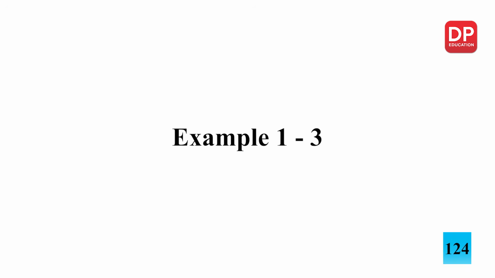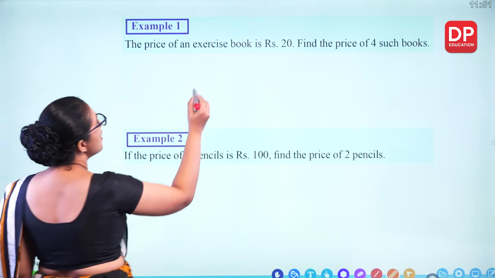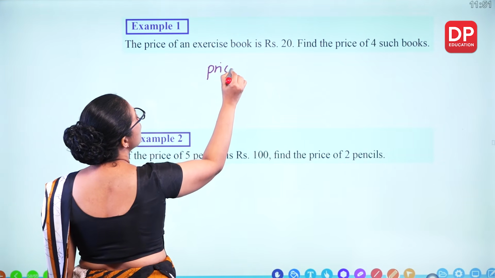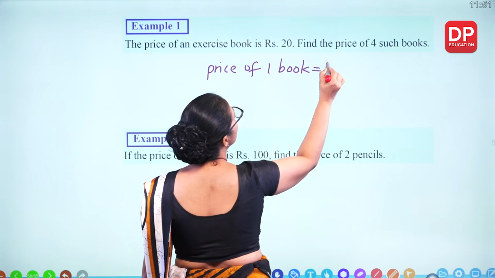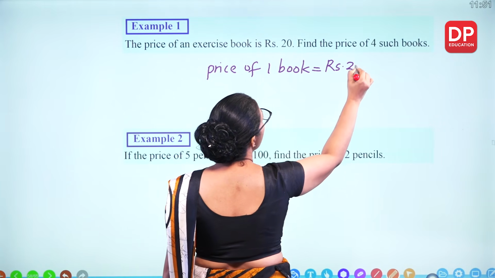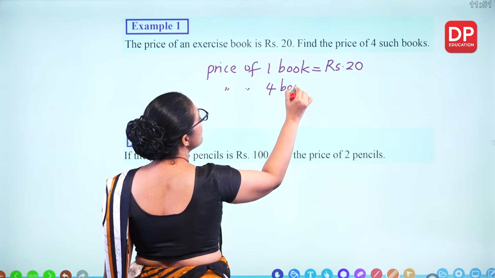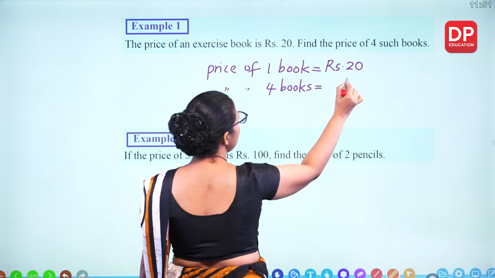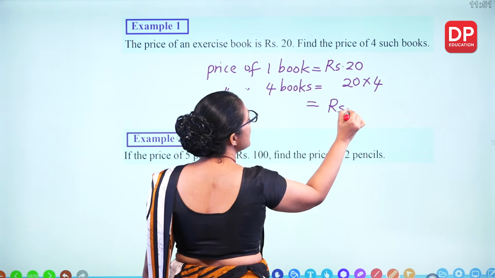Example number 1. The price of an exercise book is 20 rupees. Find the price of 4 such books. Price of one book, 20 rupees. So price of 4 books, you multiply by 4. 20 into 4, you get 80 rupees.